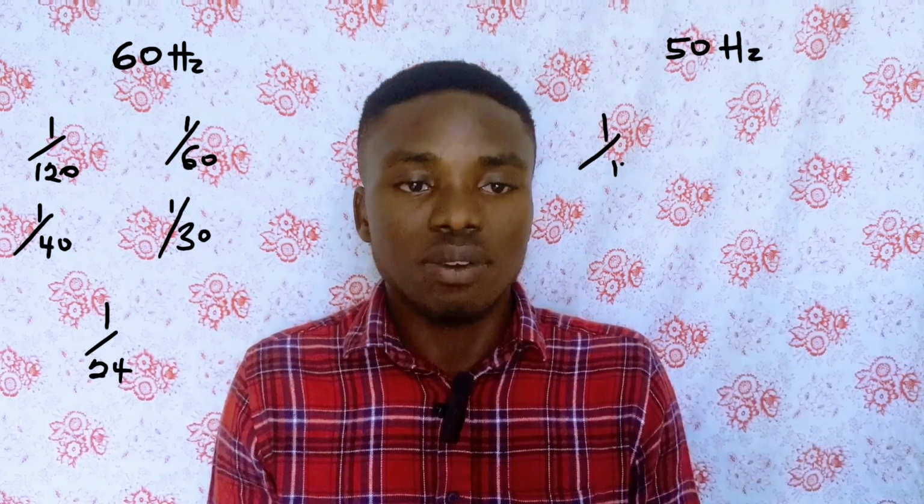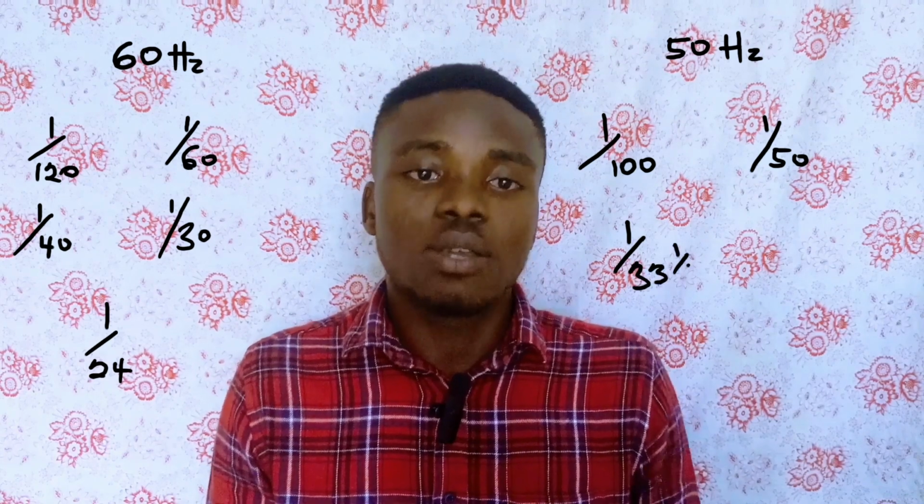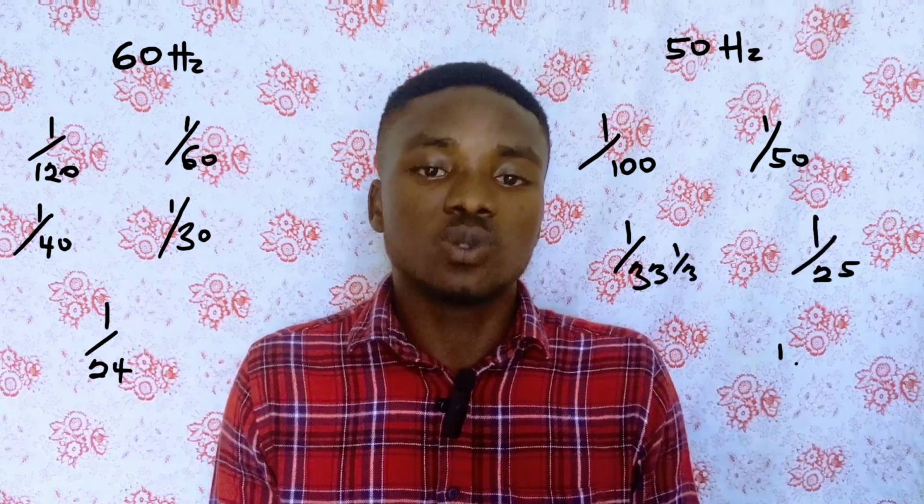But no matter the frame rate, the answer will always be one of the same few numbers. For 60 Hz power sources, these numbers are 1/120th of a second, 1/60th, 1/40th, 1/30th, and 1/24th. For 50 Hz sources, these numbers are 1/100th, 1/50th, 1/33 and a third, 1/25th, and 1/20th.